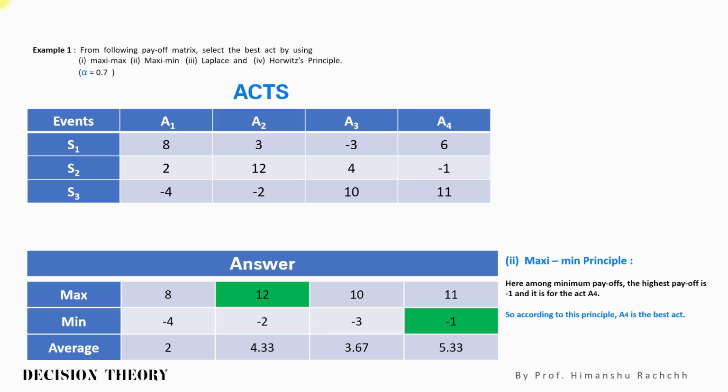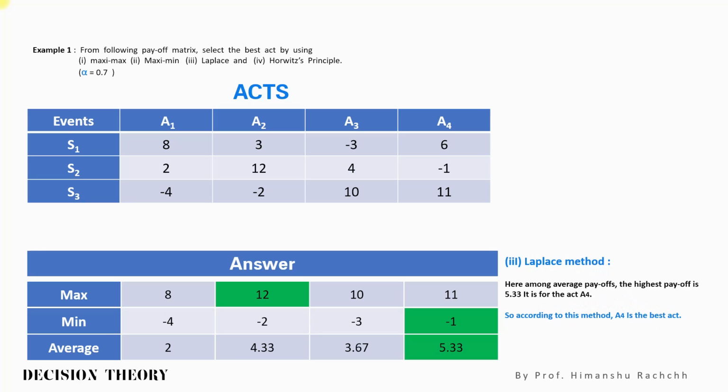In Maximin principle from minimum payoffs we select highest payoff. See, here among minimum payoffs the highest payoff is -1 and it is for the act A4. So according to this principle A4 is the best act.